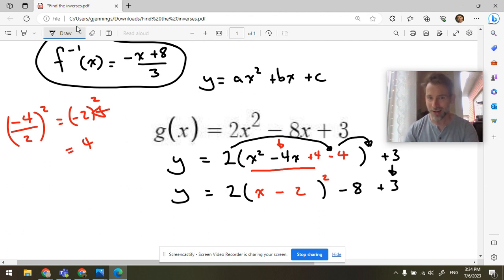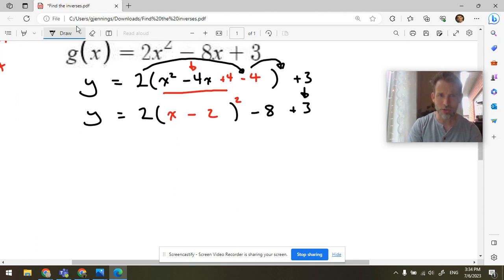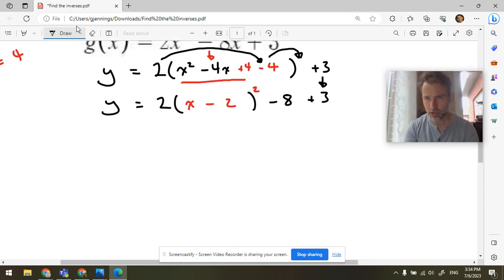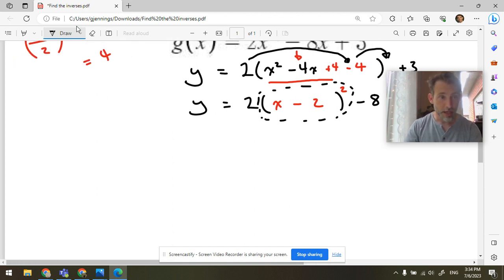All right. Now, you might be saying, whoa, whoa, whoa, hold on. Where did that minus 2 come from? Where did the minus 4x go? And all of these things. All right. Let's take a look at this part of the expression. We'll do that over here. x minus 2 squared is equal to x minus 2 times x minus 2.